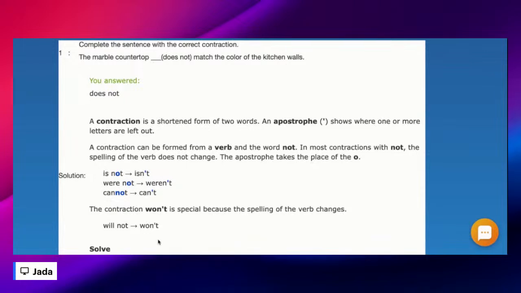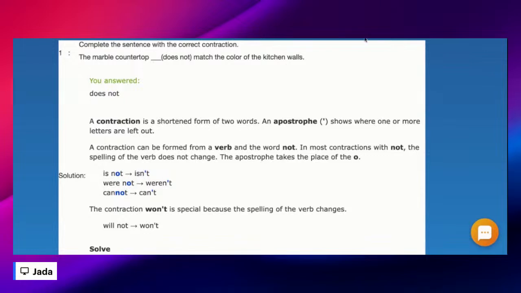So we have is not. Instead of the whole thing changing, we just take away the O and we have isn't, with the apostrophe in place of the O. We are not: instead of the O, we have an apostrophe.